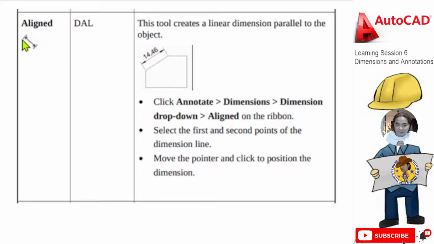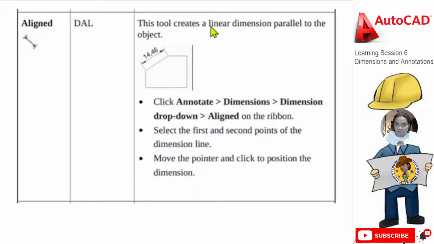Then for align, DAL, this is used for an inclined line like this one, because you cannot use linear for this. If you use linear in this figure, the distance that the computer will get is from this point to this point, so only the horizontal distance, not the diagonal one.